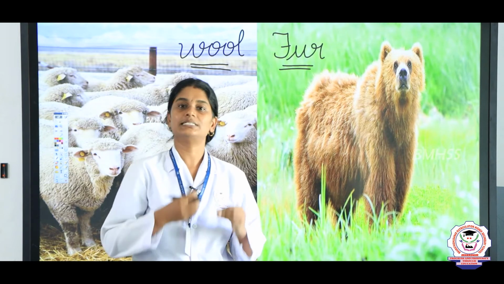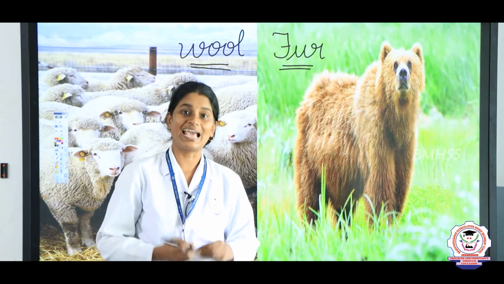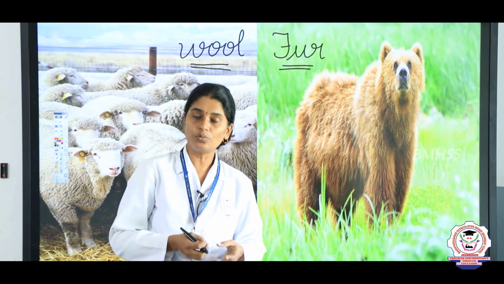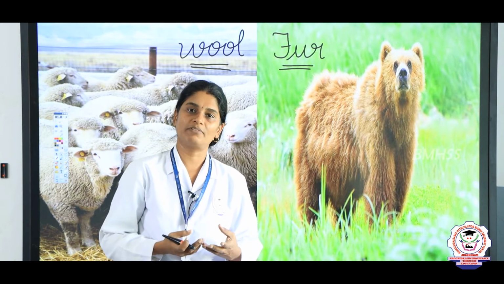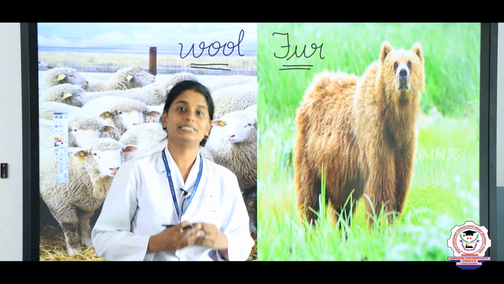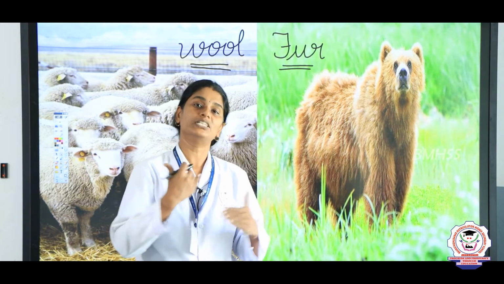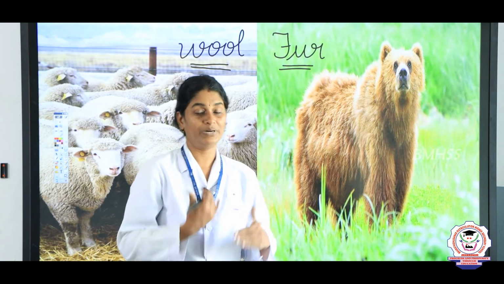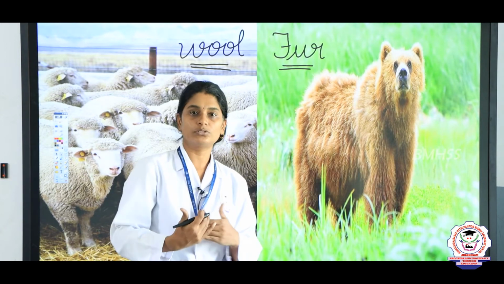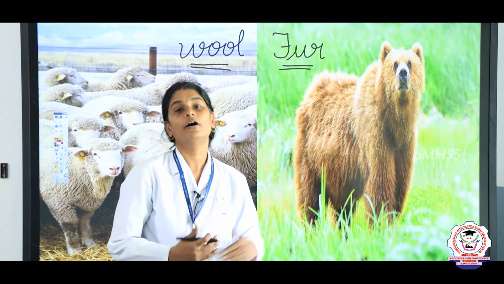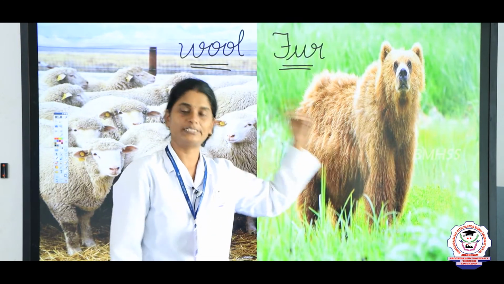Tortoise, turtle, snail have shell, right. Sheep and goat have wool, and birds have feathers. These feathers help the birds to fly and keep them warm, right. And lastly we saw fur is the body covering of bear and tiger.